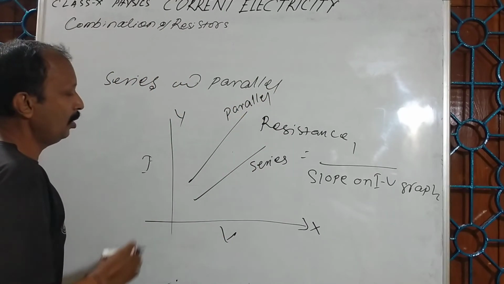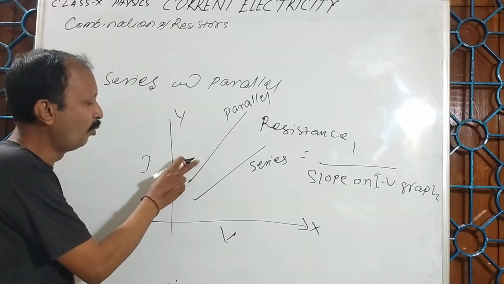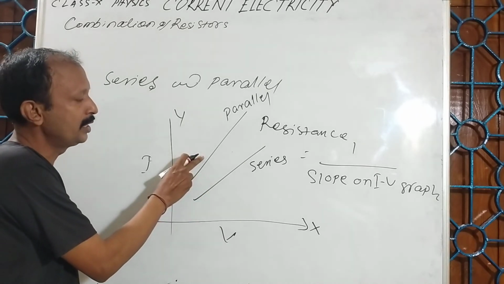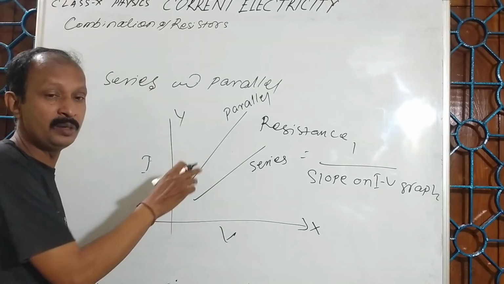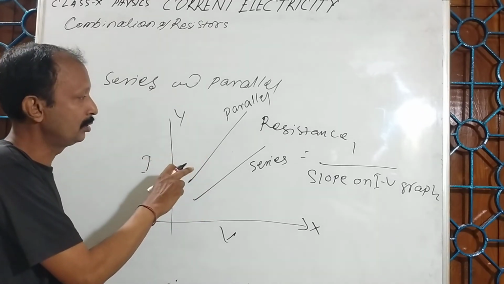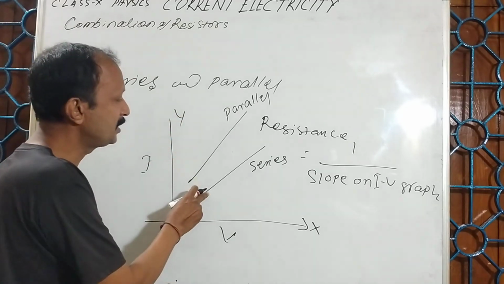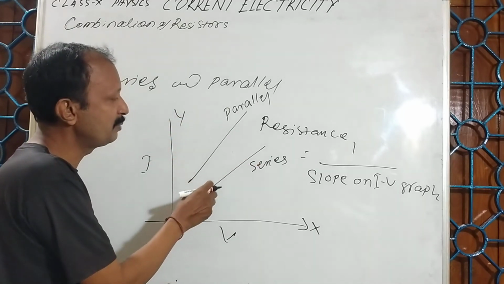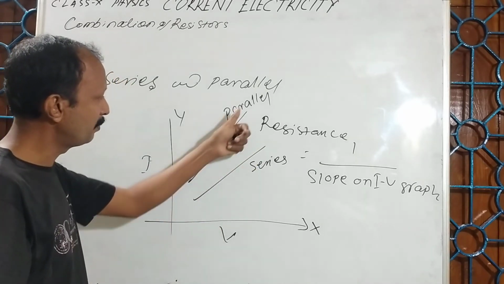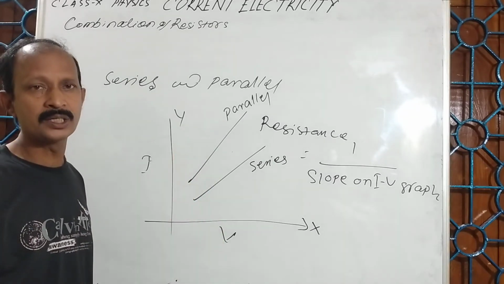Definitely you find the slope is more in the parallel case. Here the slope is more, that means the resistance will be less. Sorry, in parallel combination, resistance will be less, and in series combination, resistance will be more. In series the slope is less, but in case of parallel combination, the slope is more.